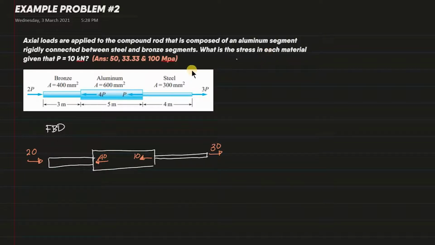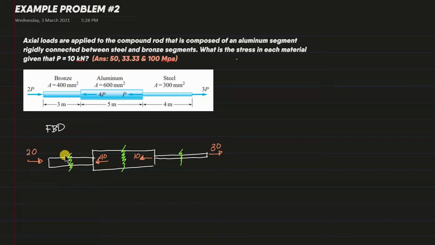So, i-determine ulit natin yung stress in each material. So, para gawin yun, puputulin ulit natin yung section na to, parang yung nung nagsosolve din tayo ng internal forces. We are solving just for the normal internal force. Okay?